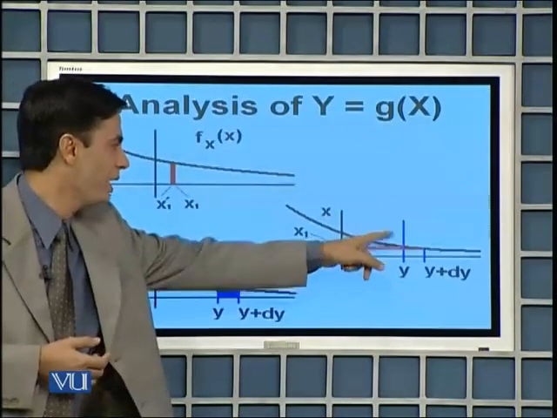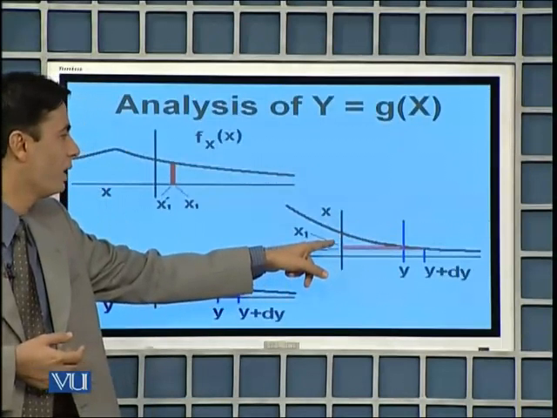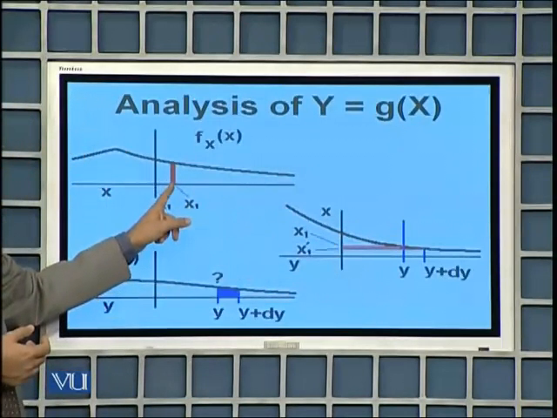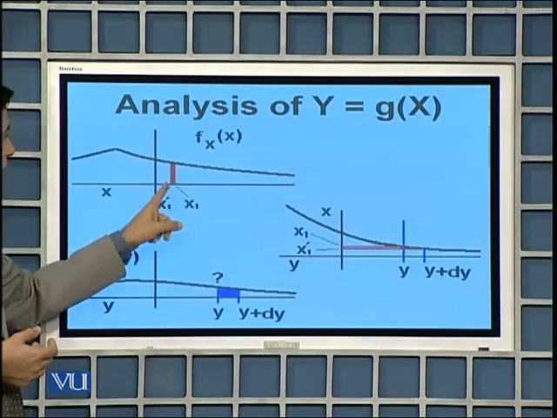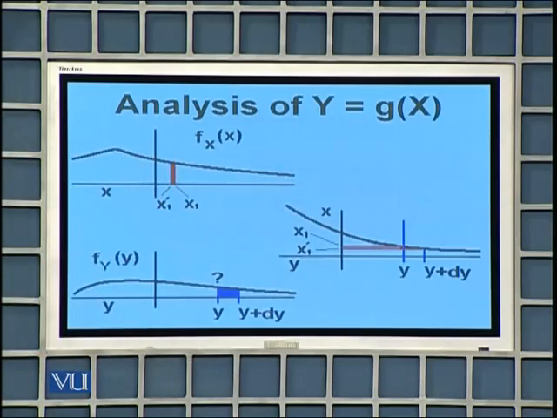So this point y gets us a point x1, and we assume that the value of PDF of x at point x1 and a neighboring point x1 dash is the same.